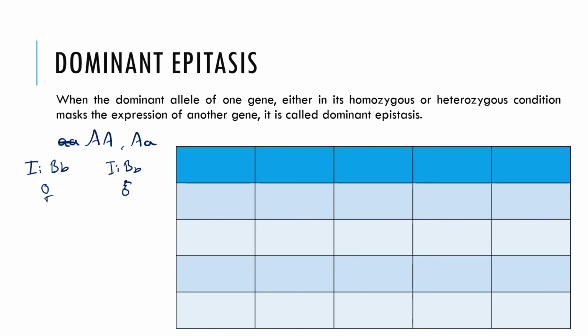Now, what type of gametes do we get? Let's make a Punnett square. We get the gametes capital I, capital B; capital I, small b; small I, capital B; and small I, small b.